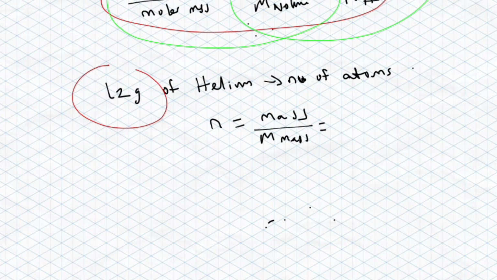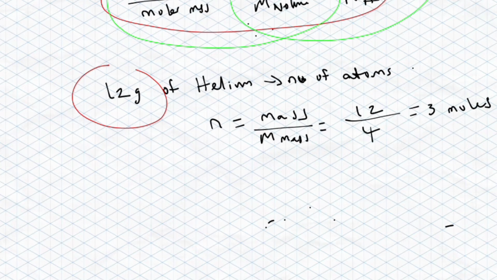So 12 over, what is our molar mass? Our molar mass for helium is 4. I told you guys earlier, you need to get that from your periodic table. If you don't know it instantly, you can decide to memorize it, or most of the time they're going to give it to you in your exam. So okay, 12 over 4, then we have 3 moles.